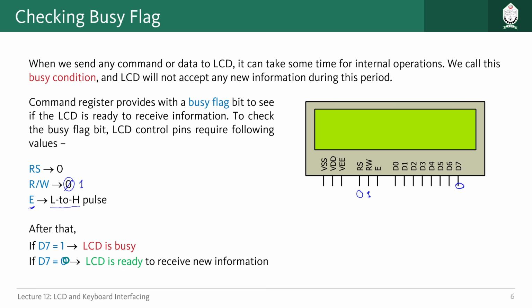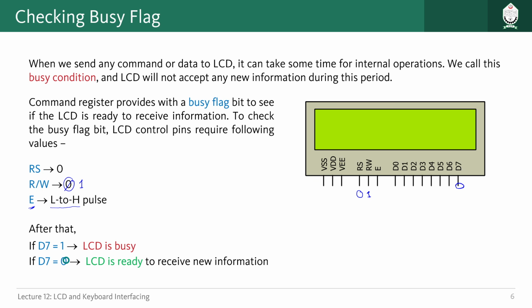But in general, in the first code, you will see we don't have that facility to use the busy flag. Rather, we will just give some delay after each command so that it has enough time to do its internal operation for each command or each data.